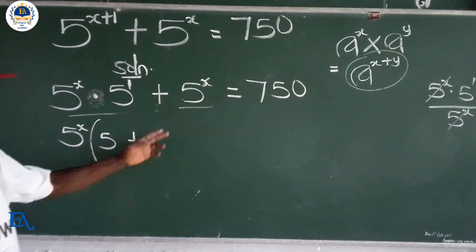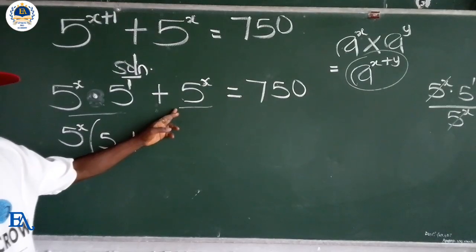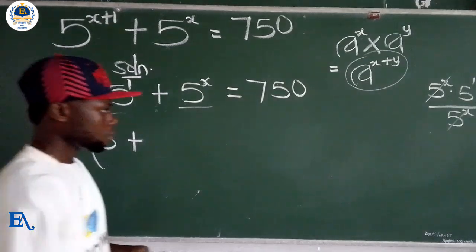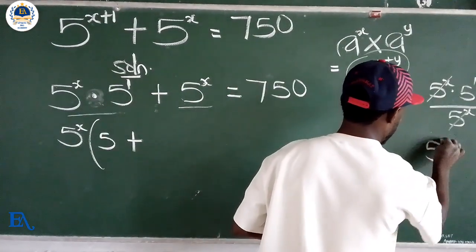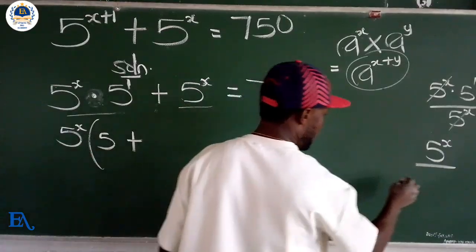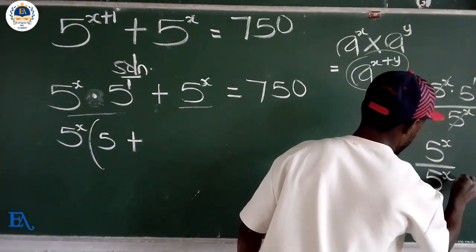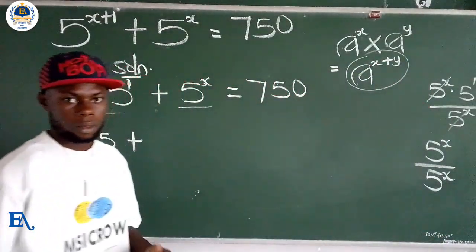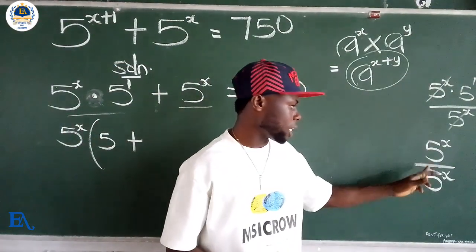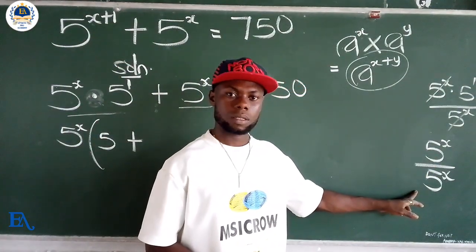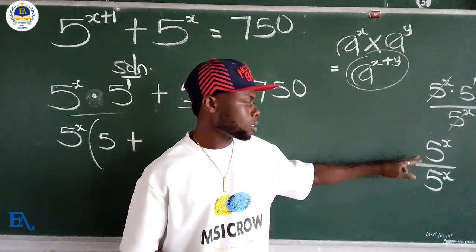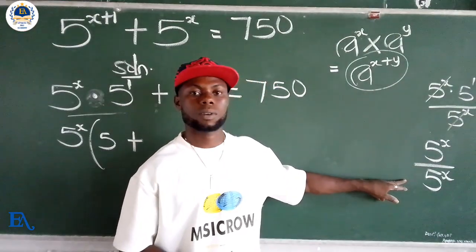doing the same over here, 5 raised to the power of x divided by the common factor, which is 5 raised to the power of x. If I do this, what will be the answer? 5 raised to the power of x divided by 5 raised to the power of x.